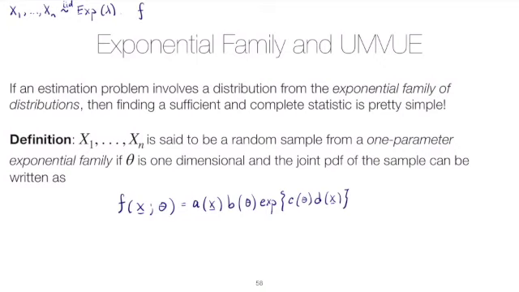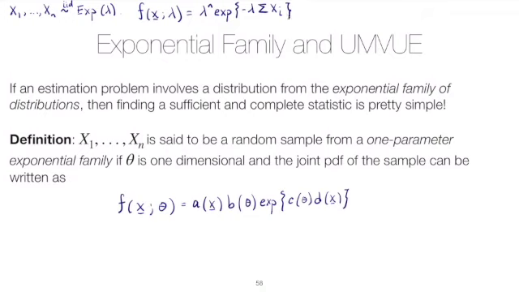So in this case, the joint PDF will be the product of the marginal PDFs. So we should have a lambda raised to the n times e to the negative lambda times the sum of the xi's.